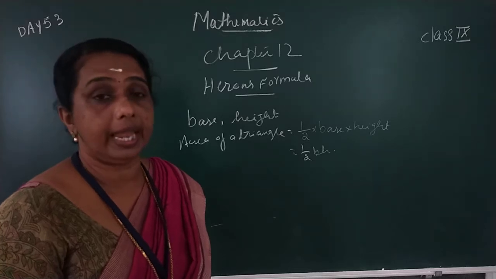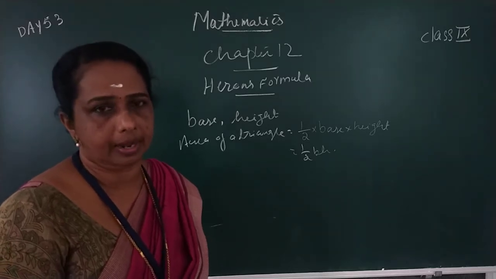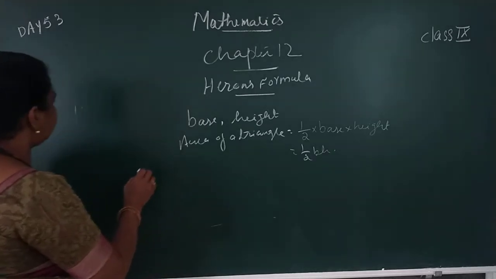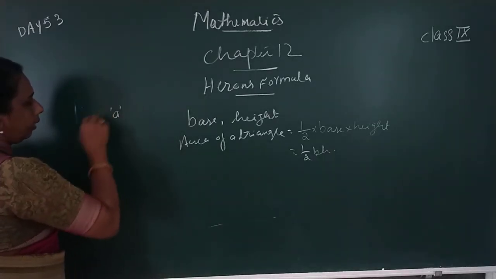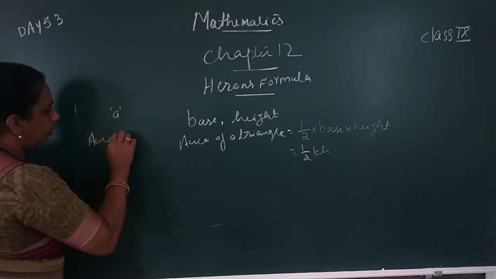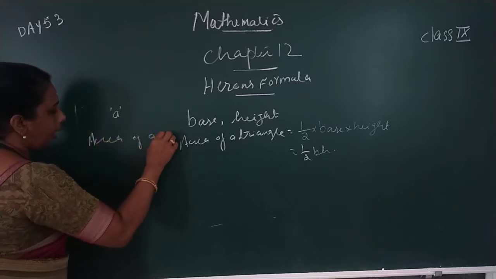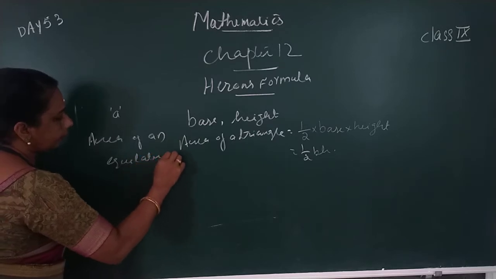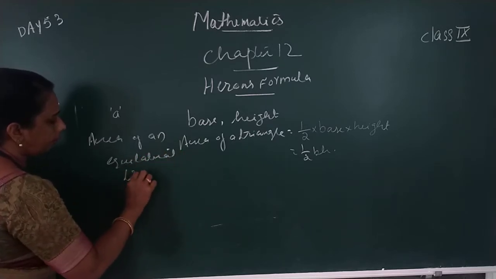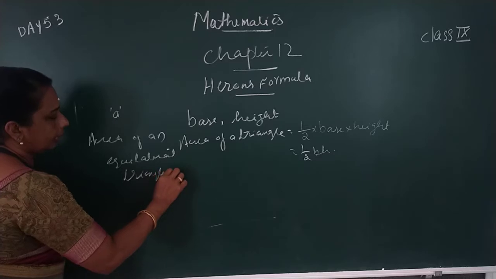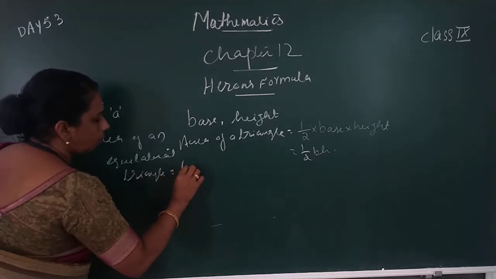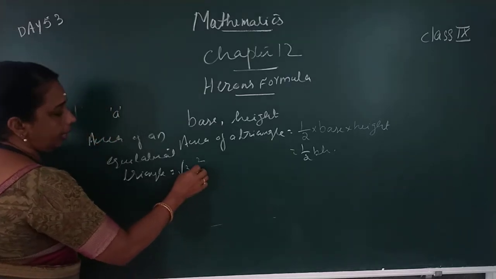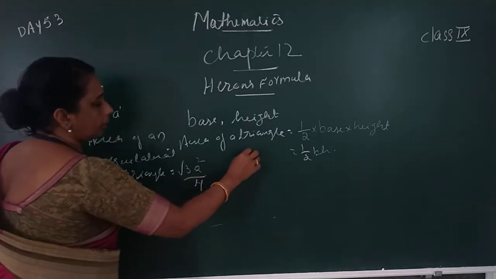Also, you are studying the area of an equilateral triangle. If one side of an equilateral triangle is small letter A, then area of an equilateral triangle is equal to root 3 A square by 4, where A is the side of the equilateral triangle.